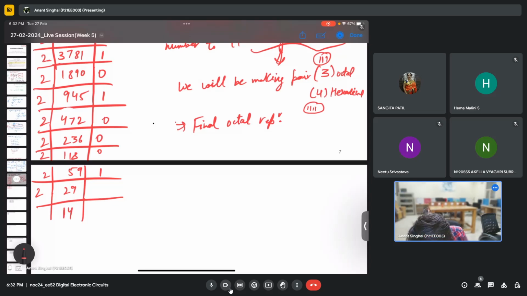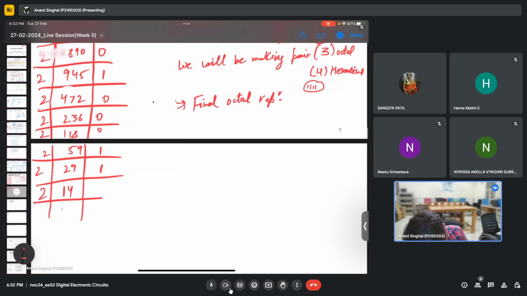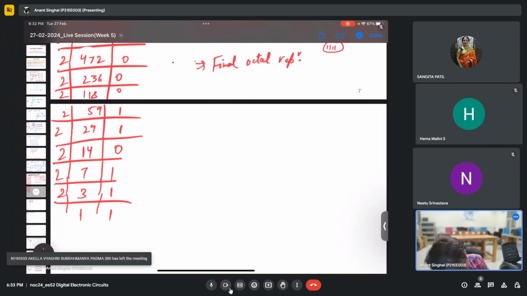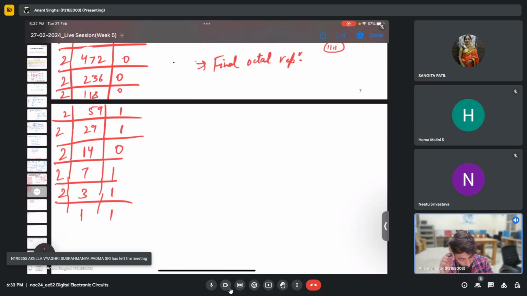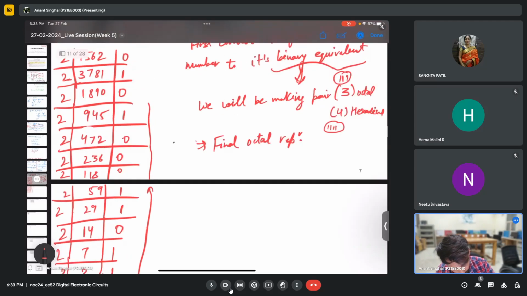Then 14, this will be 1, then 7, then 3, 1, and 1. So finally we will be getting the reverse of this, like in this direction we'll be writing the final binary equivalent.